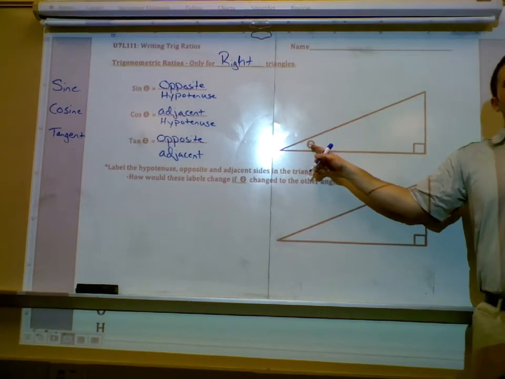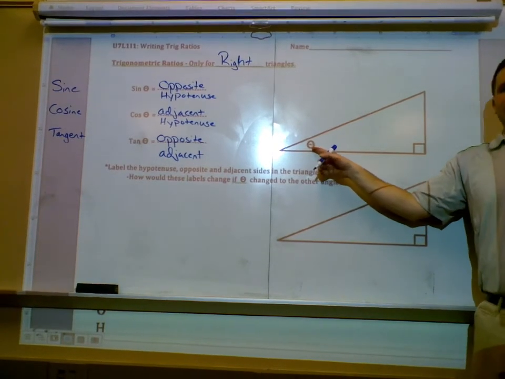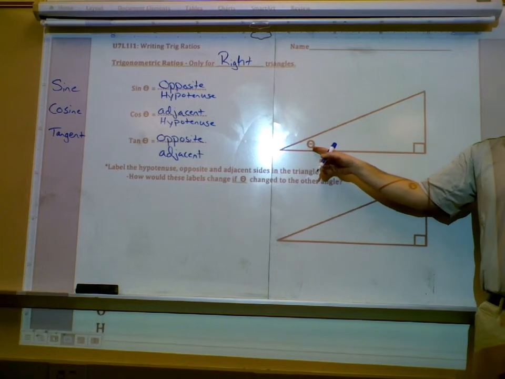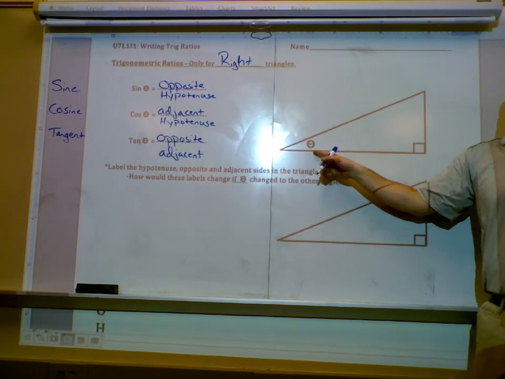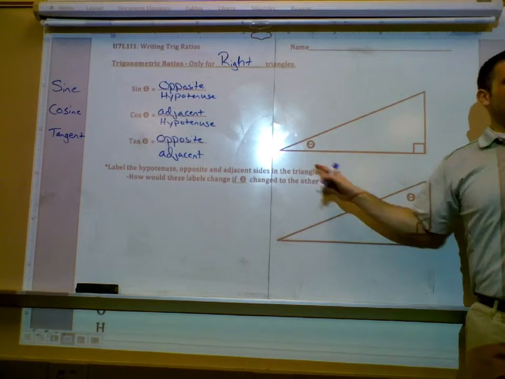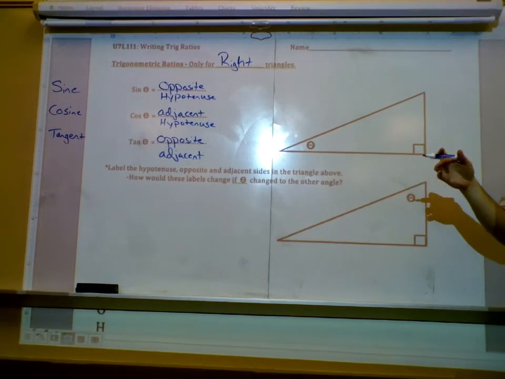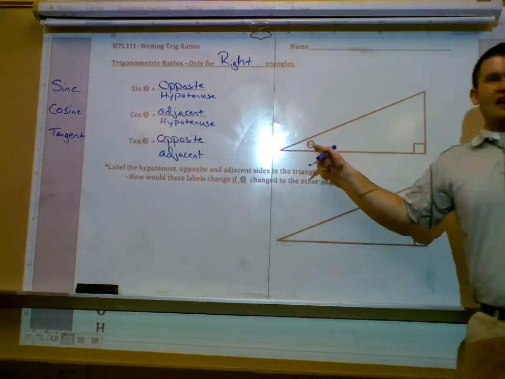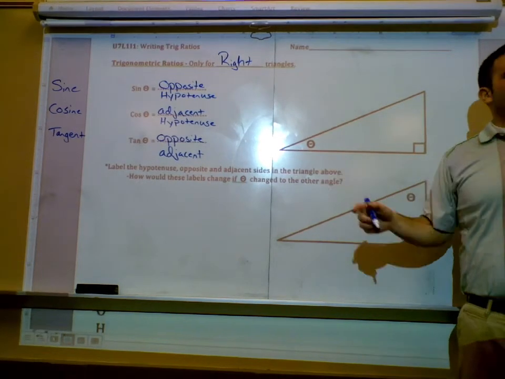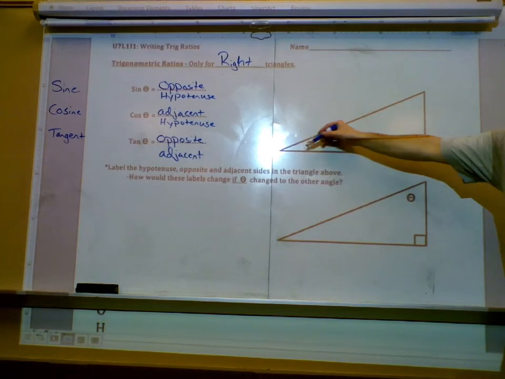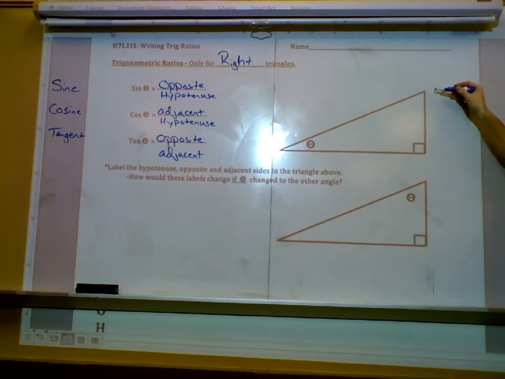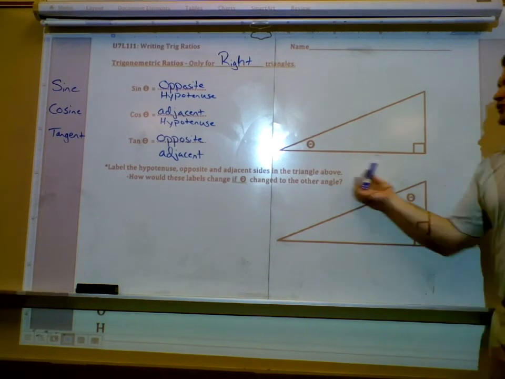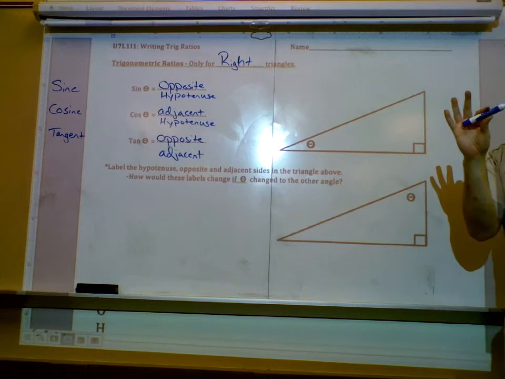So I'm looking for the opposite or the adjacent side relative to this angle. Does that make sense? Sine of theta means what side is opposite this? Now we have three choices. We have the diagonal side, the vertical side, and the horizontal side. Don't shout it out, just think.